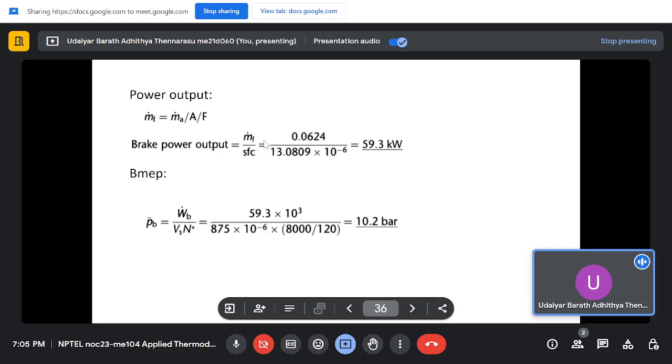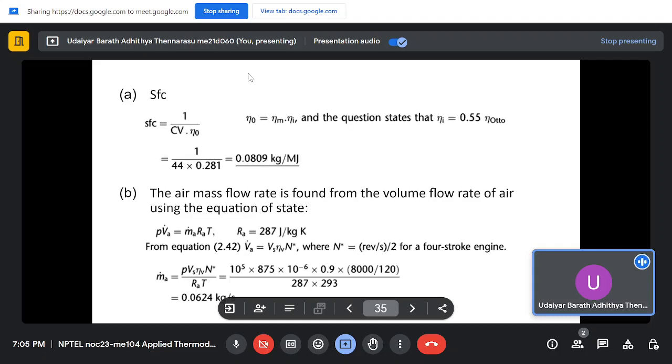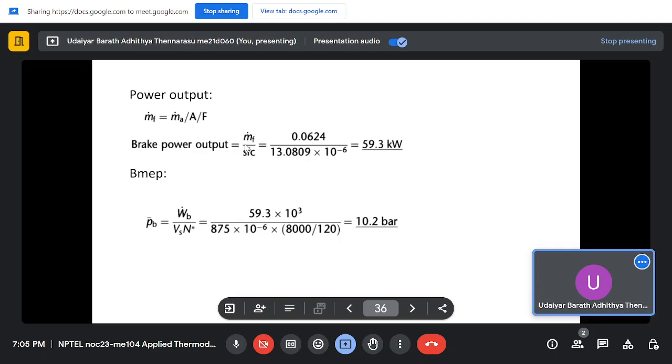Brake power: we have already calculated specific fuel consumption, which is ṁf divided by brake power. So brake power is just ṁf by specific fuel consumption. We know the mass of fuel, so on substituting, we will get 59.3 kilowatt.